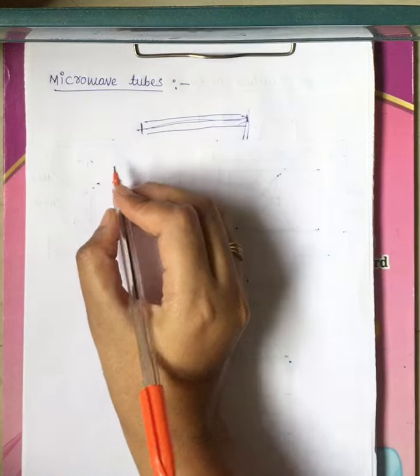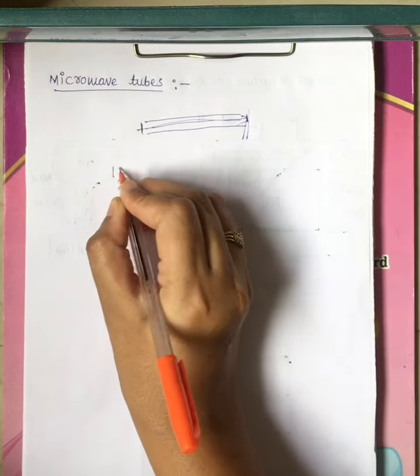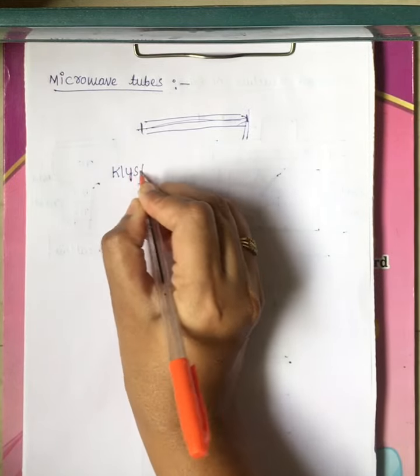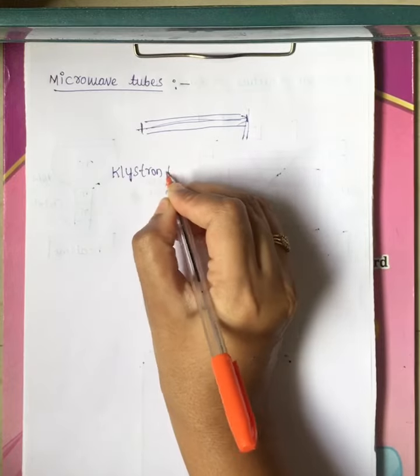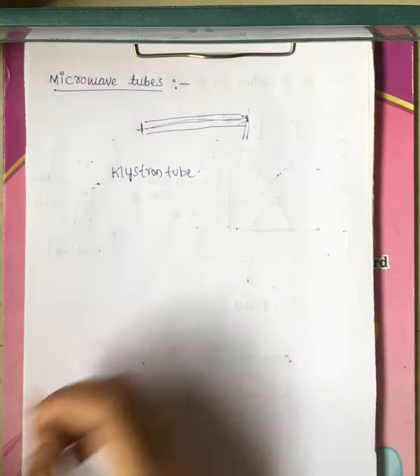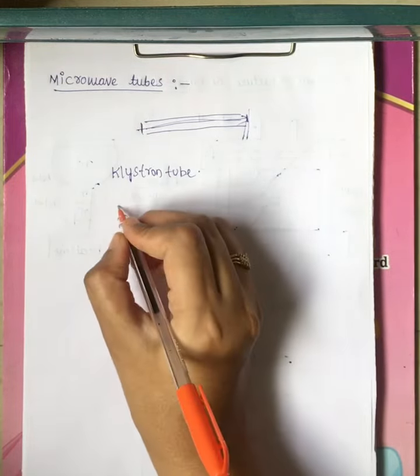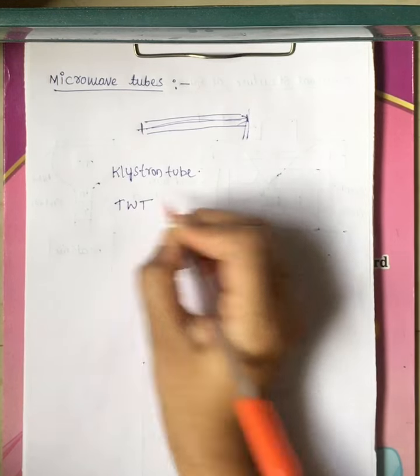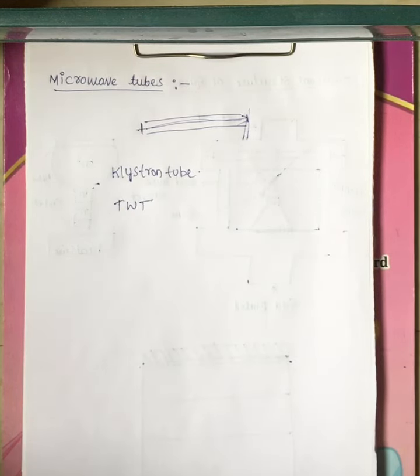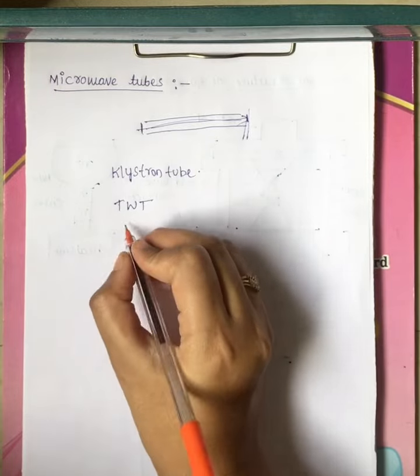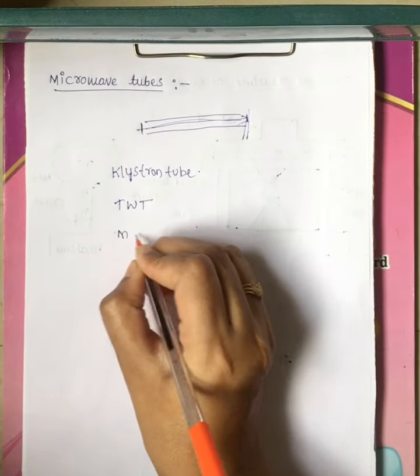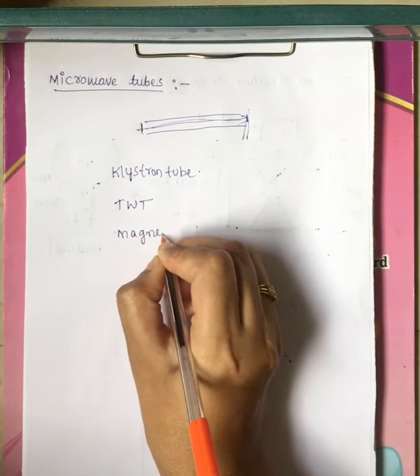Now let us see the different types of microwave tubes under your syllabus. One is the klystron tube, another is the TWT, that is the traveling wave tube, and another is the magnetron.